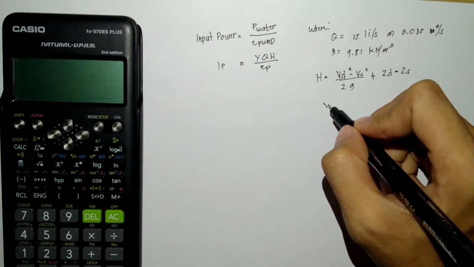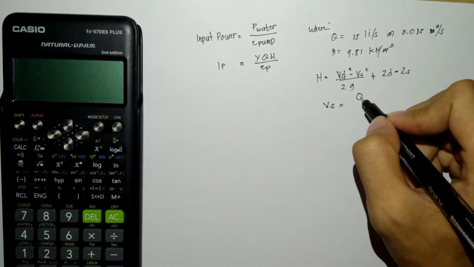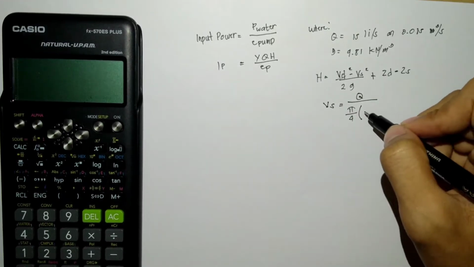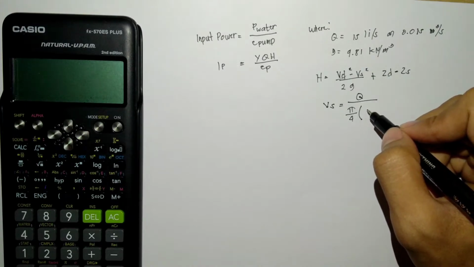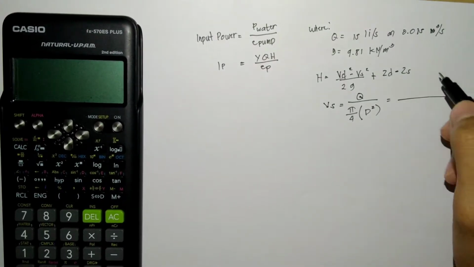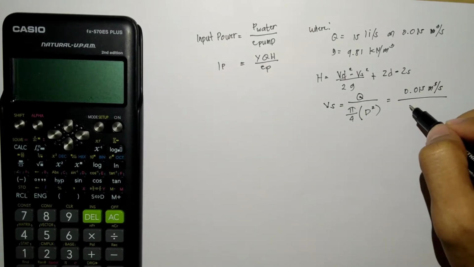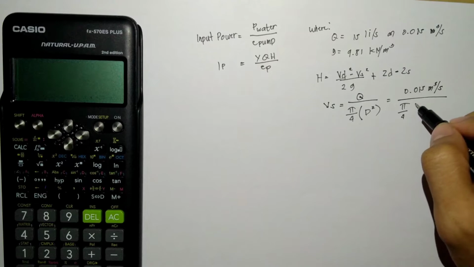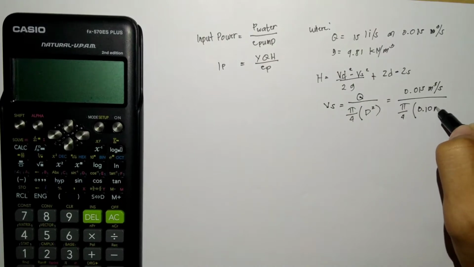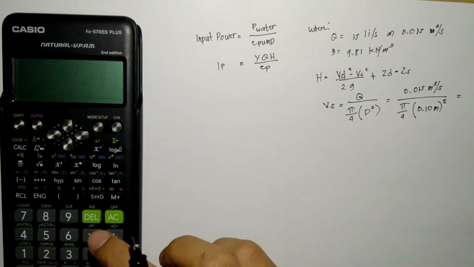We have the formula of Vs, or suction velocity, equal to volume flow rate over pi over 4 times the diameter squared. So substitute, we have 0.015 cubic meter per second over pi over 4 times 0.10 meter squared.